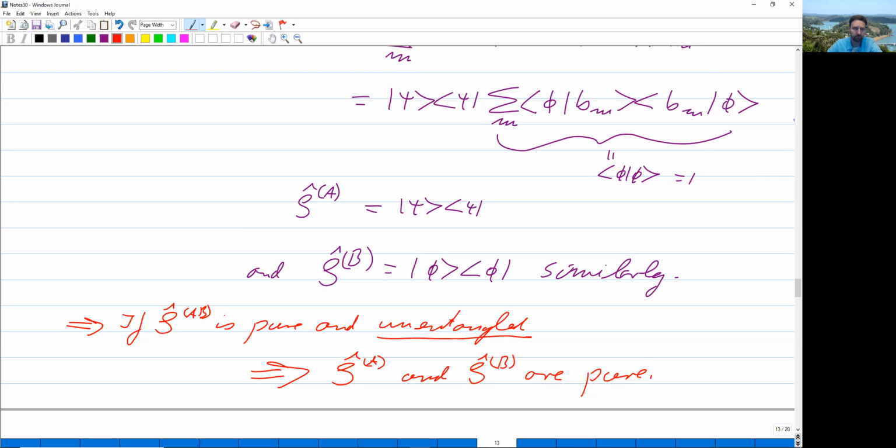But the big system, system AB, can not only be pure or mixed, it can also be in an entangled state or not entangled state. And what we just saw is that if the big system is in a pure state, and that pure state is unentangled, then our subsystems are also in pure states.